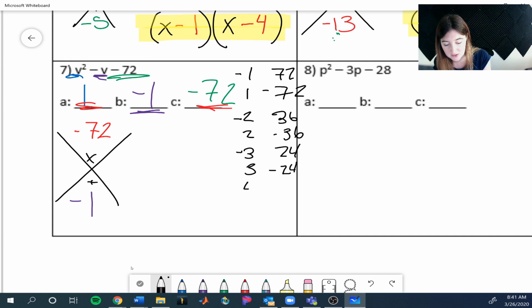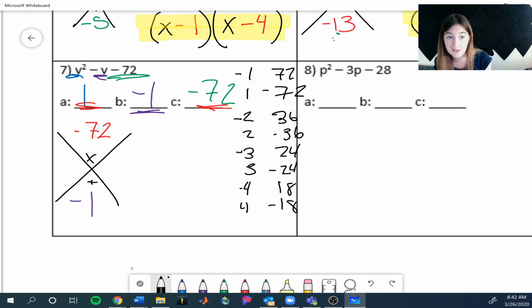4 goes into 72. Do you know? Plug it into a calculator if you need it. 18 times. So negative 4 times 18 and 4 times negative 18. Oh my goodness, we could keep going and going and going. There's quite a few.